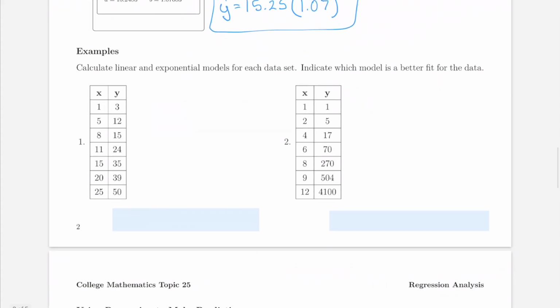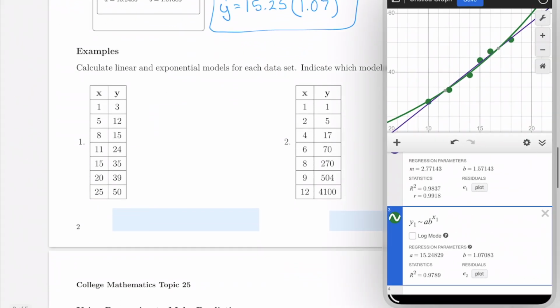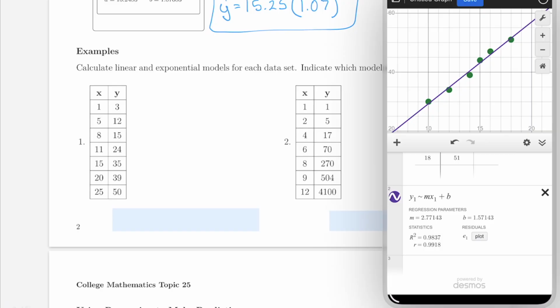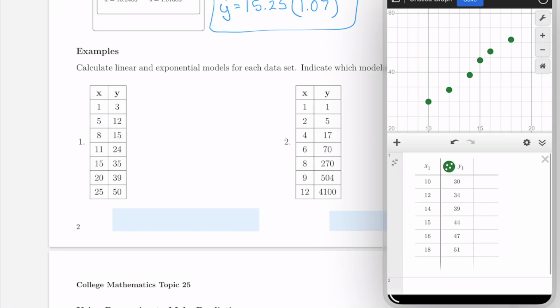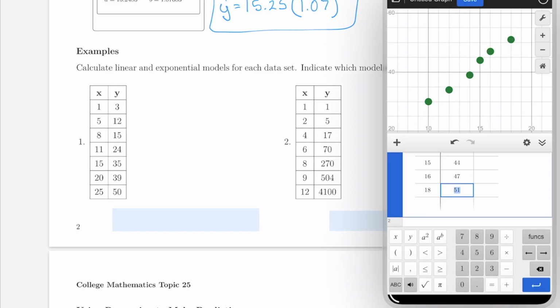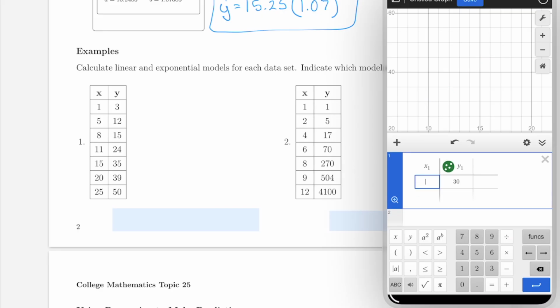So let's look at a couple examples. These are good for you to type in and go from there. So I'm going to clean all this data out. I'm just going to hit backspace on this, delete it all out. You could just delete the whole thing by hitting the X. I should have done that. And then you add a table back in, right? So now we type all these in and we'll go from there.